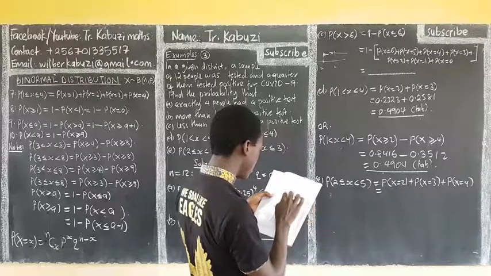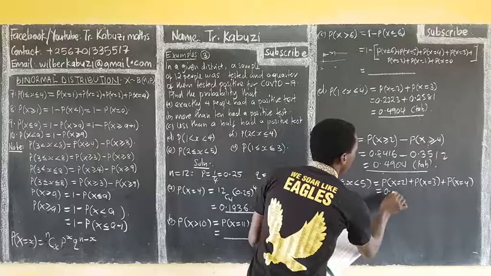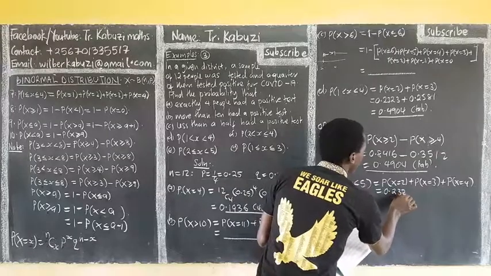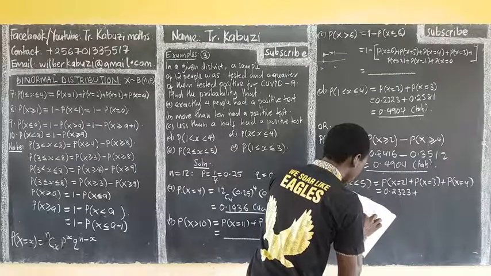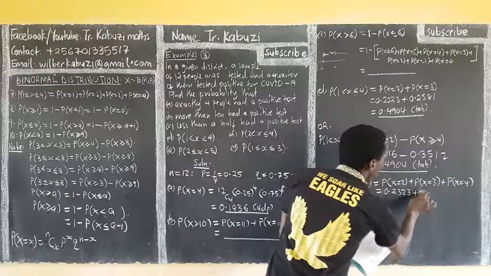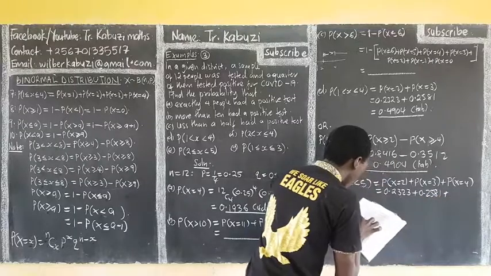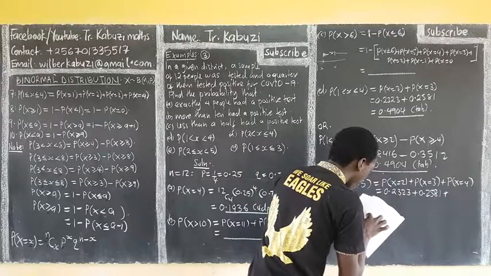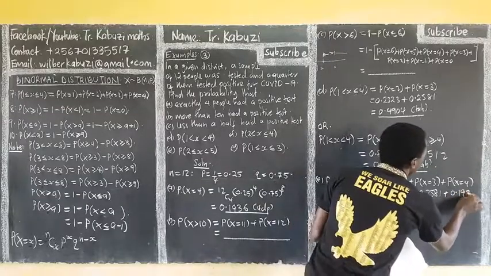So when x is 2, here I'm having 0.2323, then plus my 3 is 0.2581, then my 4 is 0.1936.